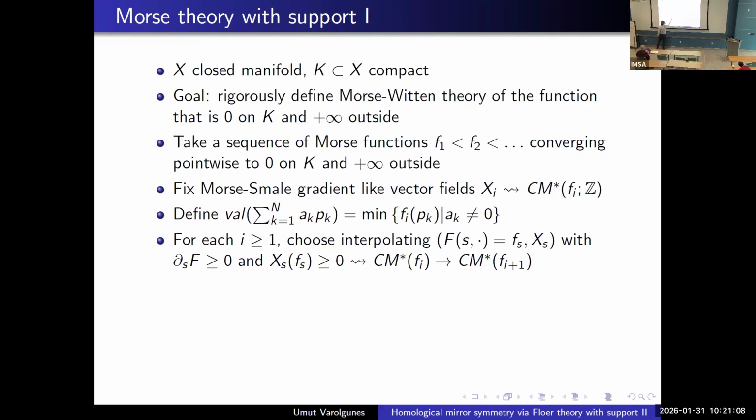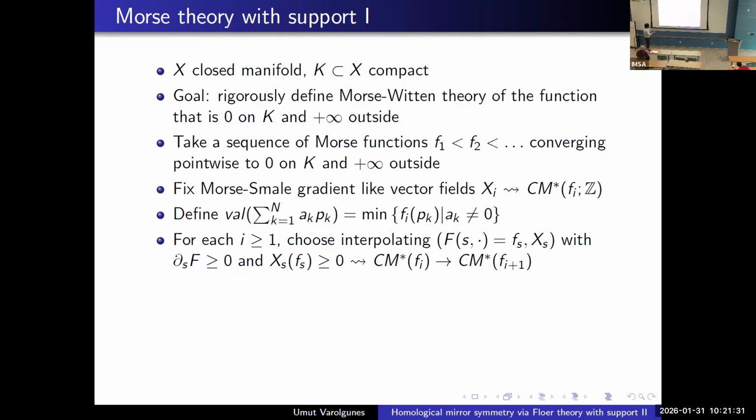I'm always thinking of this as having a real line, which I map into my manifold, and I have some data which depends on which point I'm on that line. So domain-dependent data. It's constant near infinities and so on.